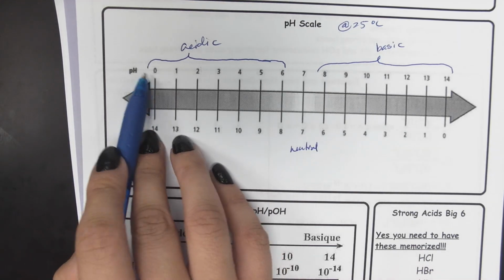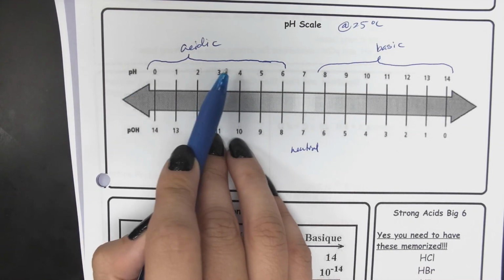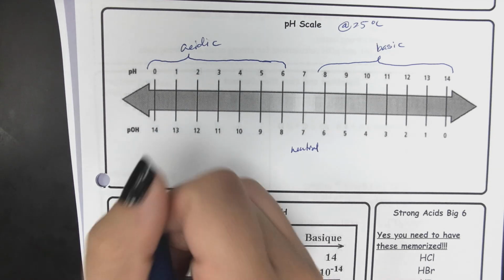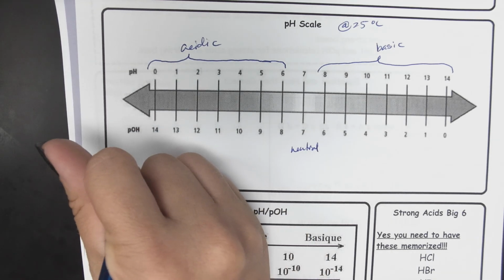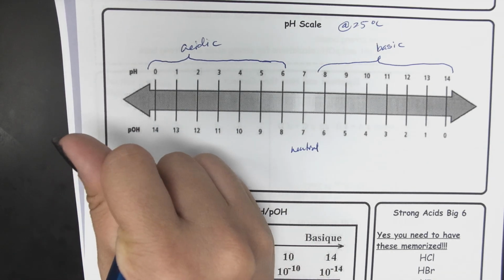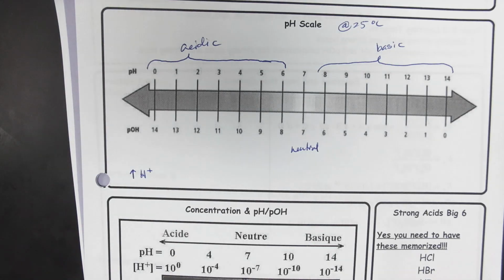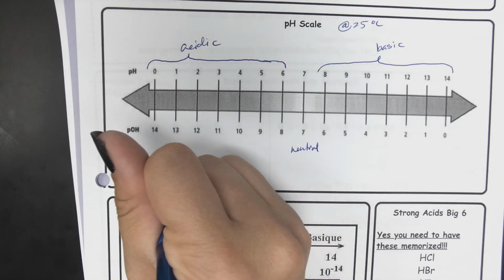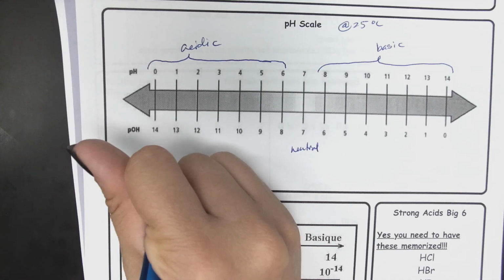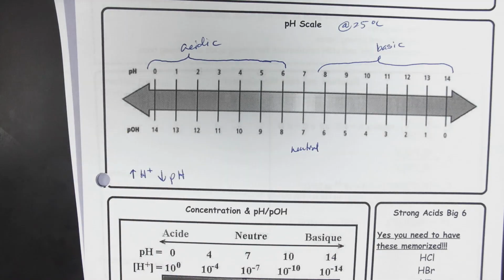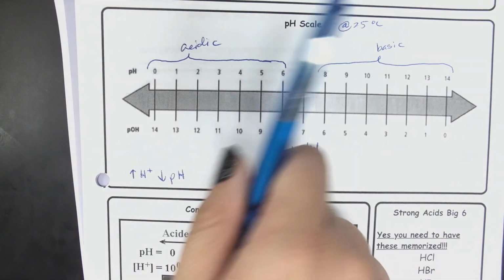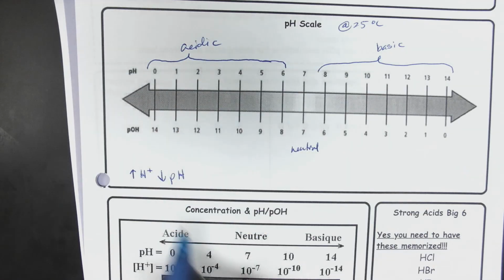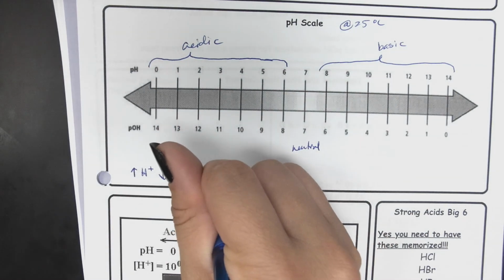So pH, the more acidic something gets, which means the greater the amount of H plus, okay? The higher the amount of H plus, the lower the pH number, right? This is more acidic, this is less acidic. But notice about the pOH.